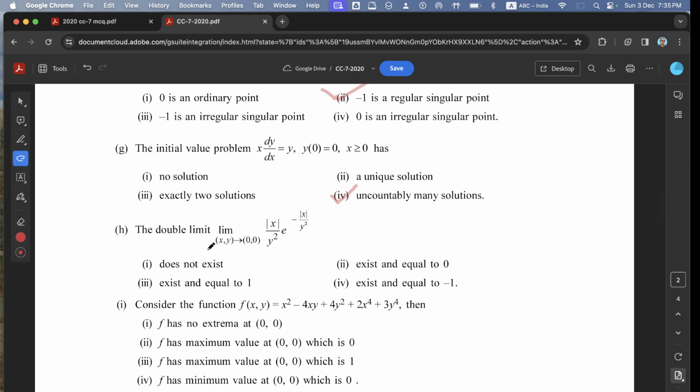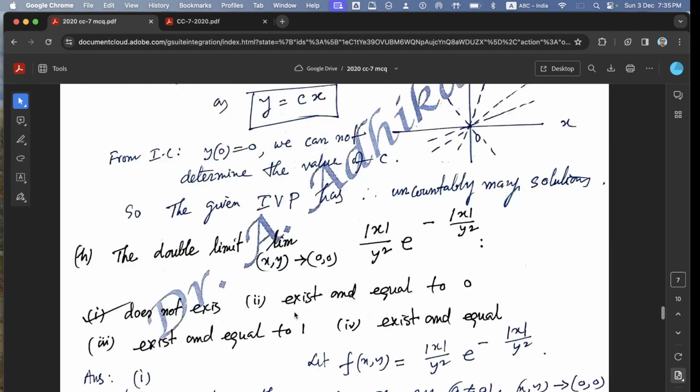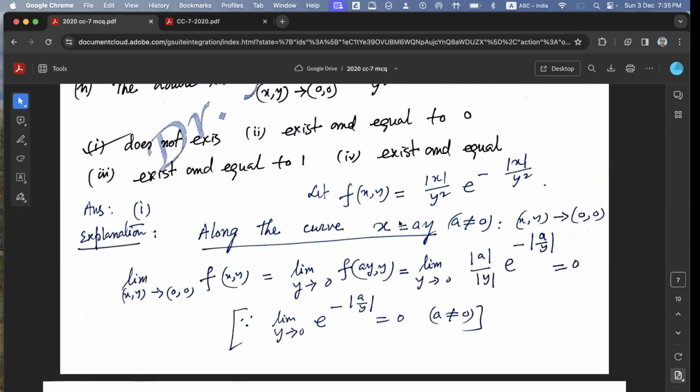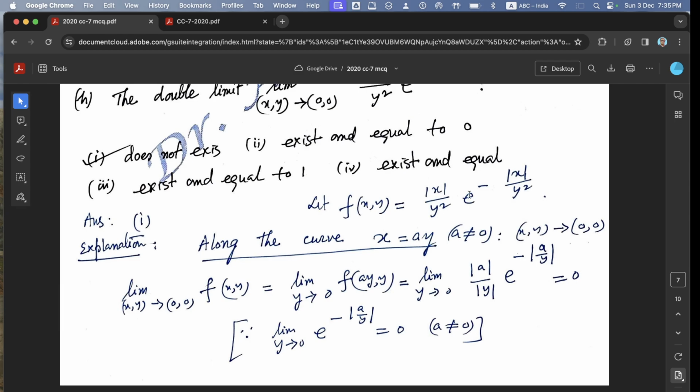Next question. The double limit as (x,y) tends to (0,0) of |x|/y square e to the power minus |x|/y square: does not exist, exists and equals 0, exists and equals 1, or exists and equals minus 1. Here the function f(x,y) equals |x|/y square e to the power minus |x|/y square.